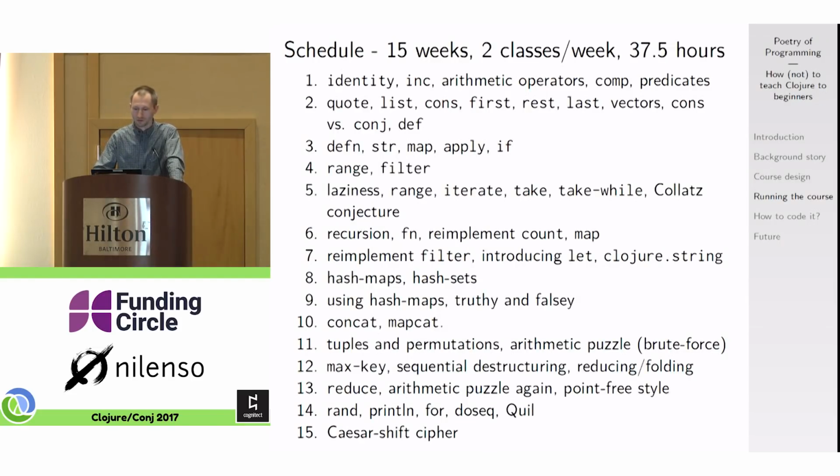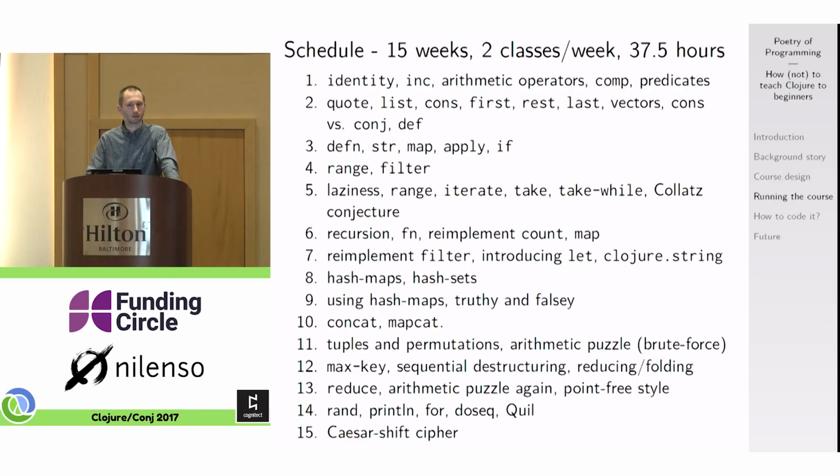Talking about the schedule, here is what I did in 15 weeks. It's 2 classes per week, so that totals 37.5 hours. And this is the weekly schedule of it. As you can see, I did Quil graphics in the 14th week.